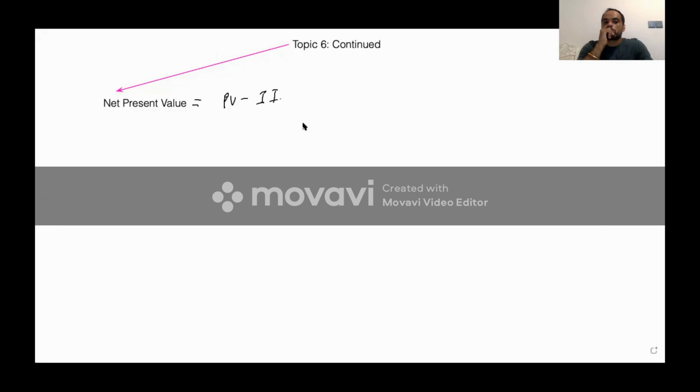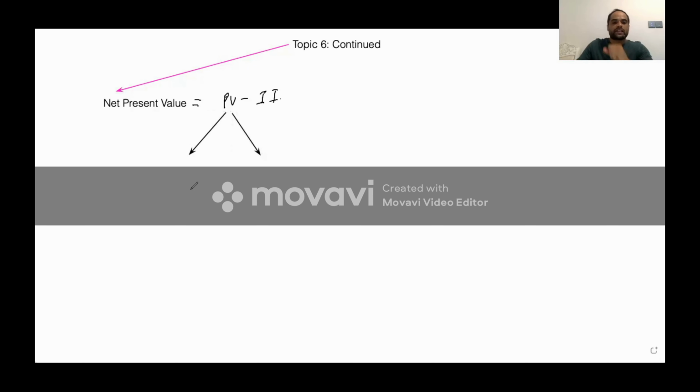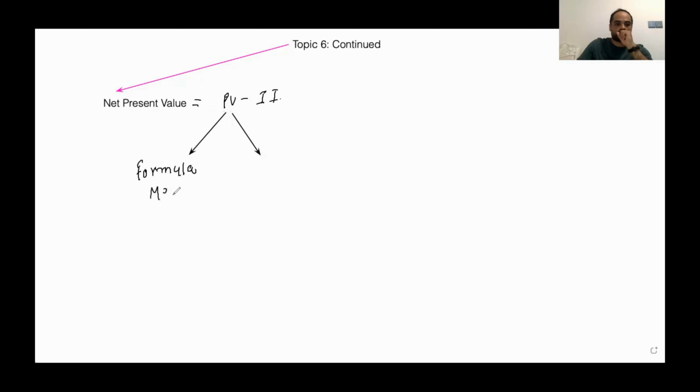Now, how to calculate present value? We have two ways to calculate present value. The first is the formula method, and the other one is the table method.